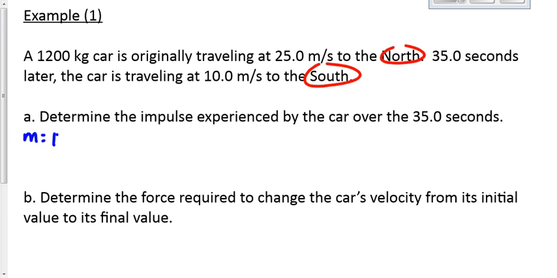My mass is 1,200 kilograms. What's vi? The initial velocity, what is it? 25 meters per second. Is it positive or negative? Yeah, we'll make it positive. North is positive, usually. What's vf? Yeah, it's negative 10. Watch that, right? It's south, so if you make it 10, it's like, oh, that's just a small little mistake.